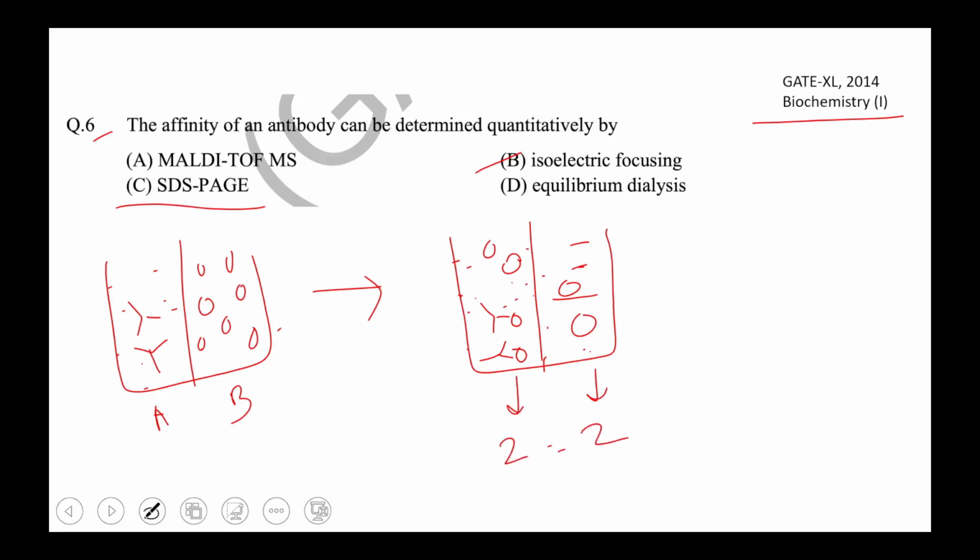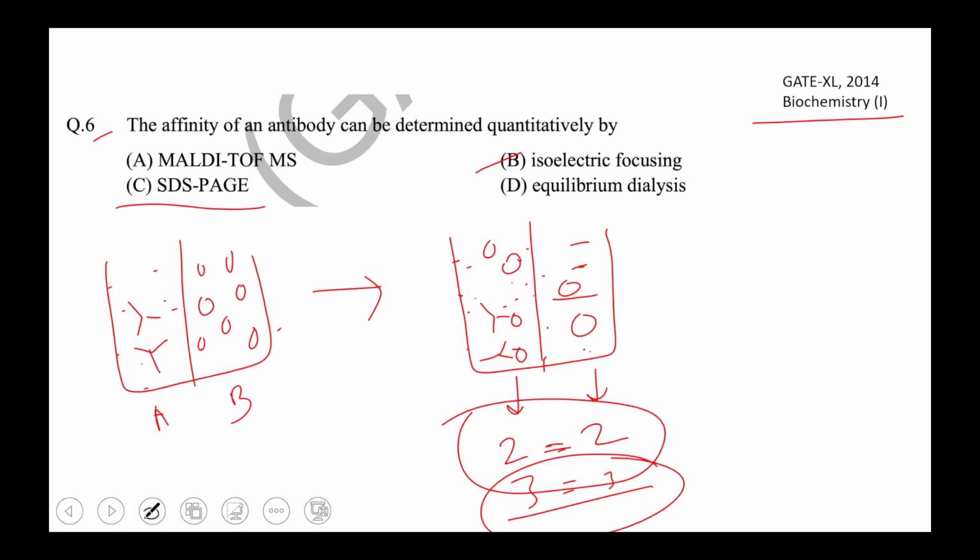The number is equilibrated. In our previous control case we had 3 and 3, because we had given 6 molecules. Here we are getting a total of 4 molecules. That means the remaining 2 molecules of protein are involved in interaction with the antibody.